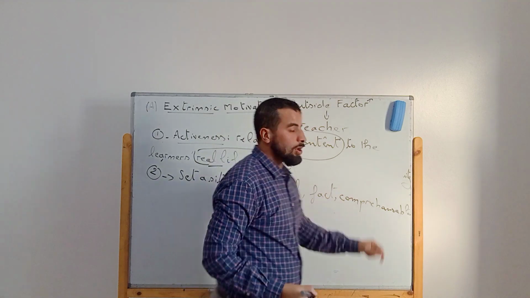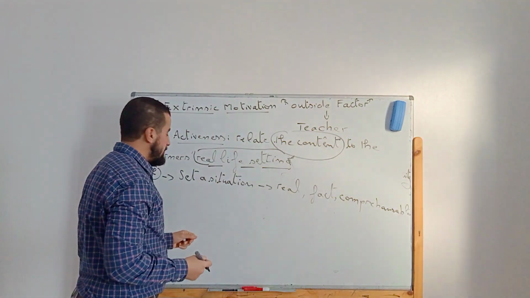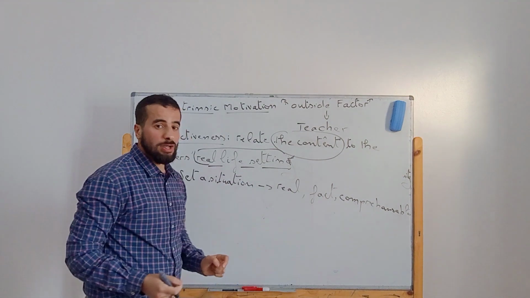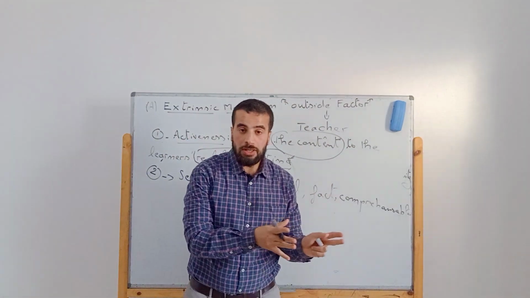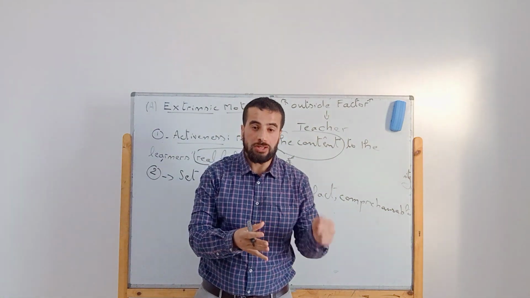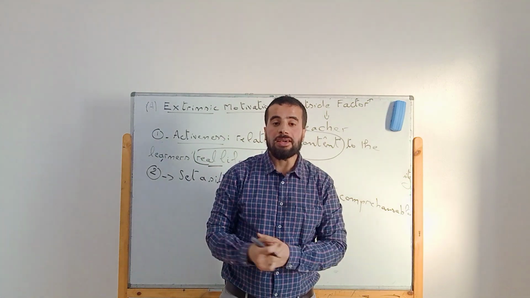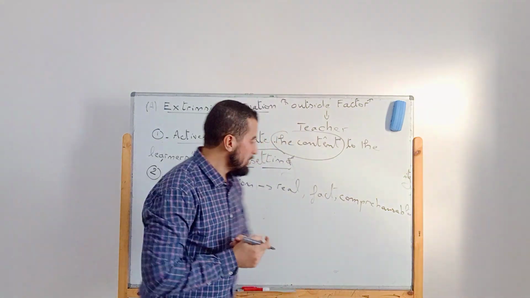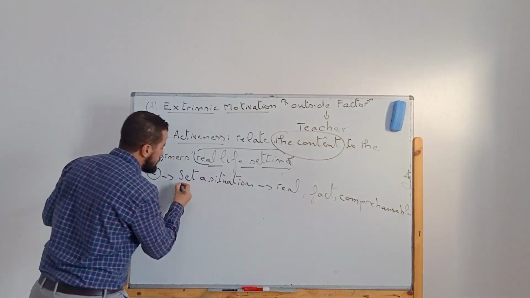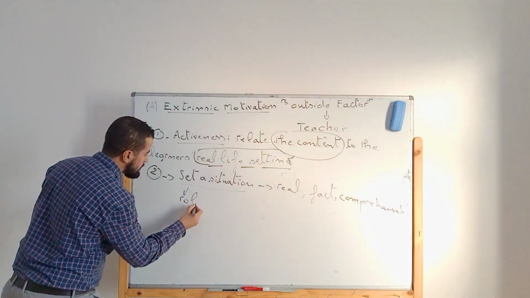Real, factual, and comprehensible. You need these three elements in order to set the situation. The suitable way to apply it is by integrating what is called the role play, right? So we need to set a role play.